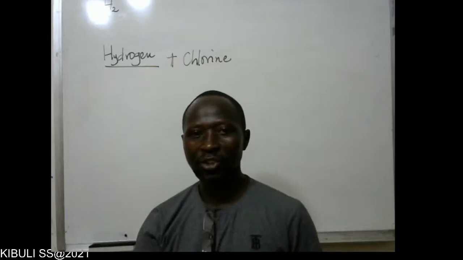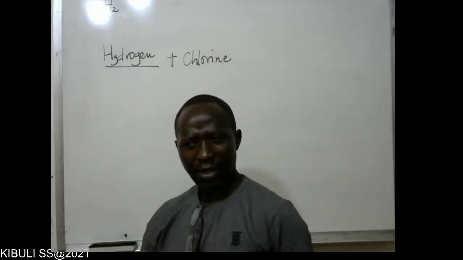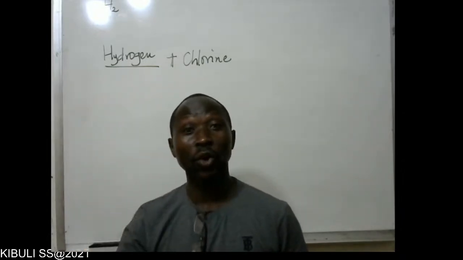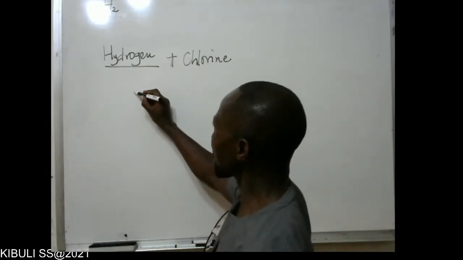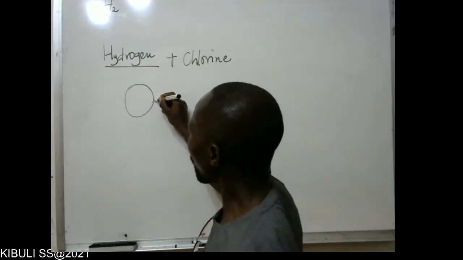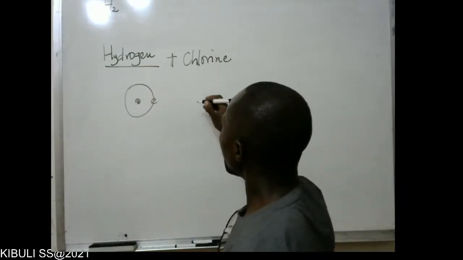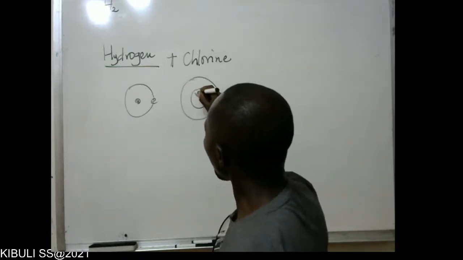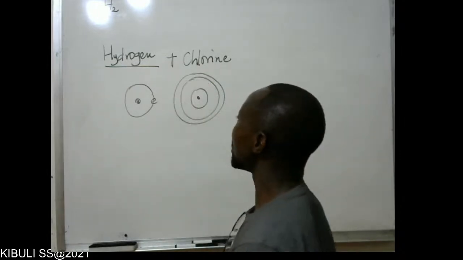And if I want to take you back to bonding, there was bonding that we shared in senior 2 between hydrogen and chlorine. And if you recall, we agreed that hydrogen with 1 electron reacts with chlorine, and chlorine has how many? It has 7 electrons in the outermost energy level.